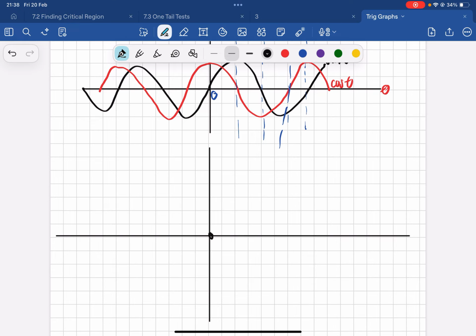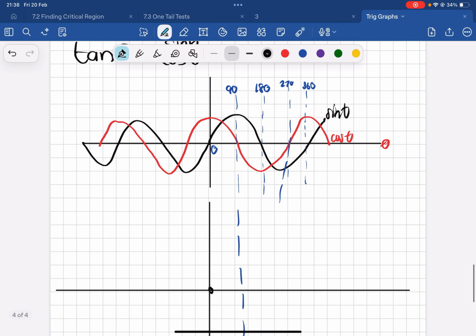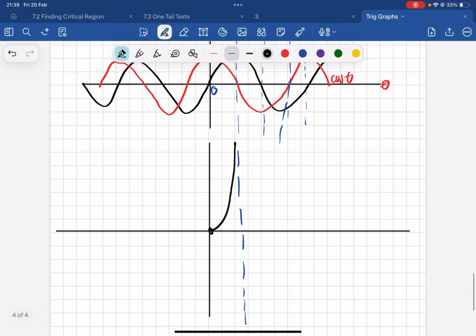So that means we have a vertical asymptote at 90. And before the asymptote, we'll have a number very close to 1 divided by something infinitely small, which just gives us a really large number. So essentially we tend towards infinity as we approach the asymptote at 90.